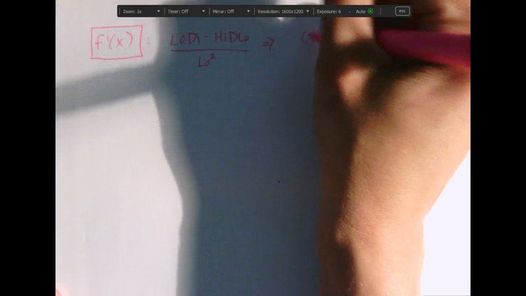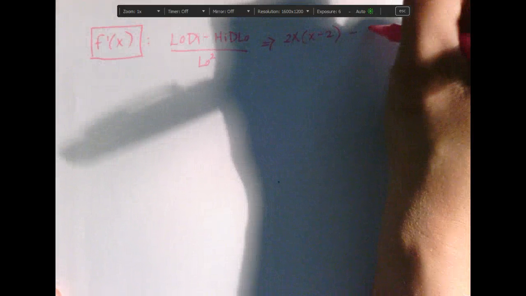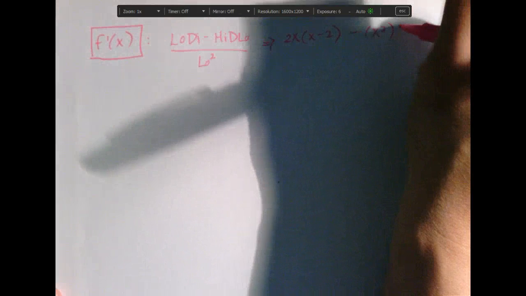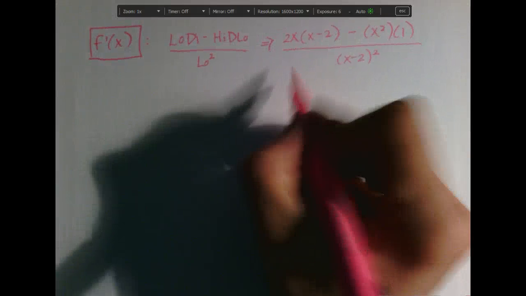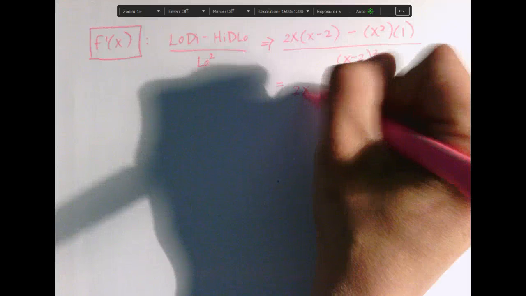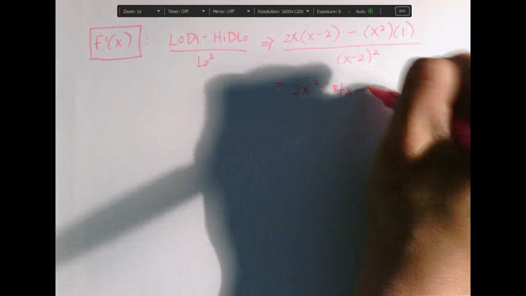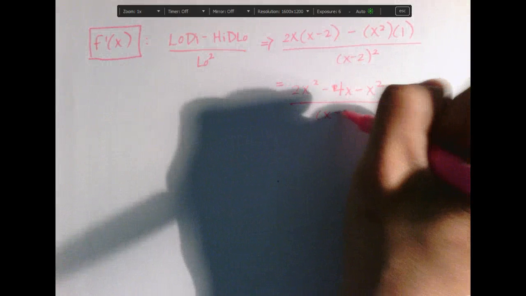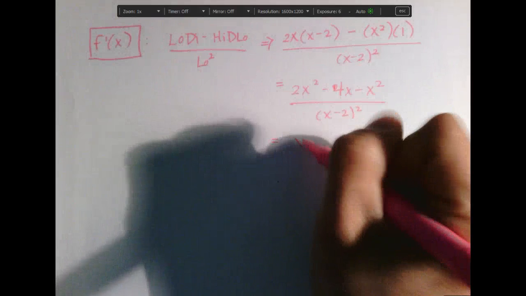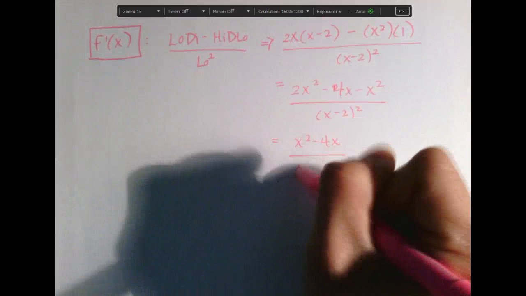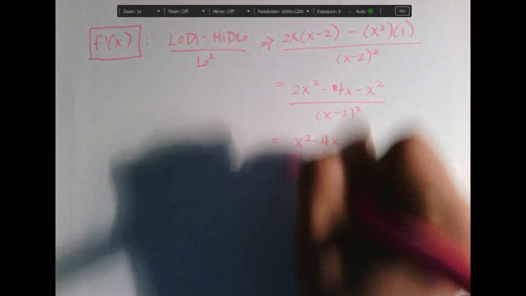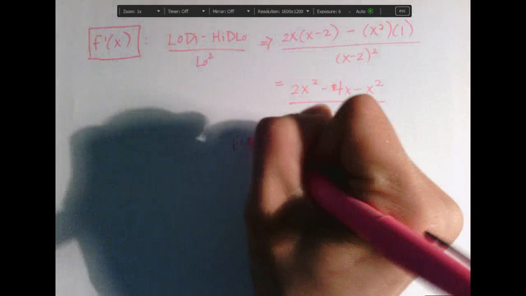That'll give me x minus 2 times 2x minus x squared times 1, all divided by x minus 2 quantity squared. Let's clean that up. I'll distribute the 2x and combine like terms. And there we have our first derivative.